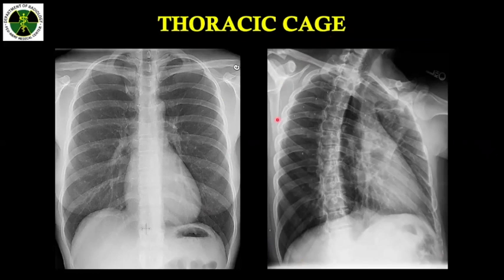We ask for the oblique view, especially if we are suspicious for a fracture in the lateral ribs, because sometimes it's hard to see fractures that are here in the lateral portion. So in the oblique view, we can see the entire rib better.